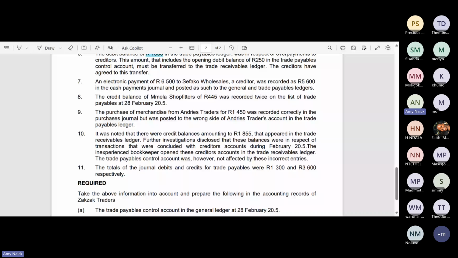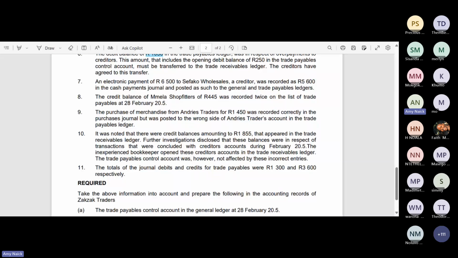Okay, so for question 7, they say an electronic payment of 6,500 to Safako Wholesales, a creditor, was recorded as 5,600 in the cash payments journal and posted as such to the general and trade payables ledgers. So basically, they're saying there was an incorrectly recorded payment on the listing and the general journal.